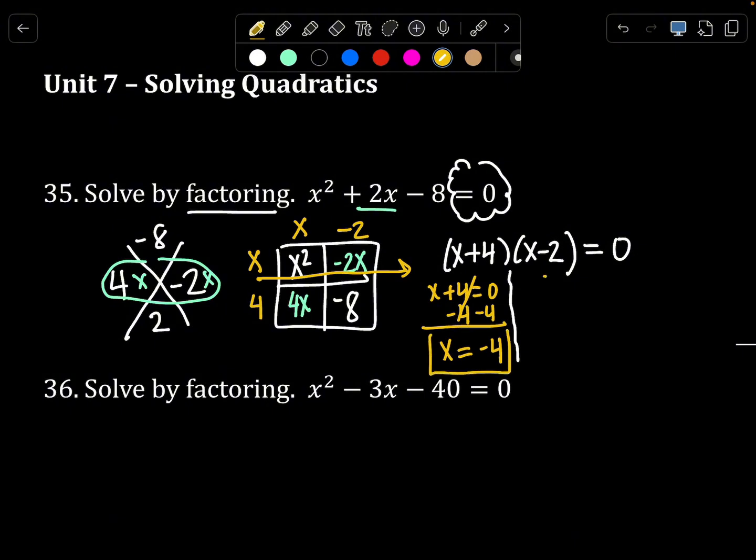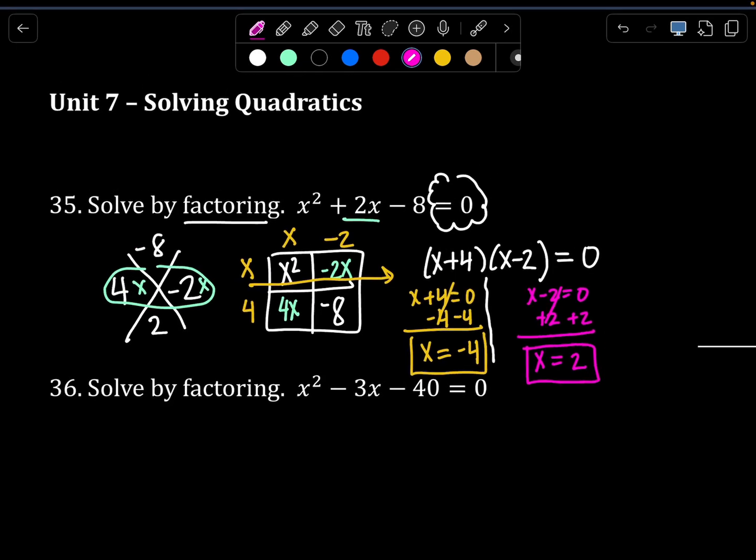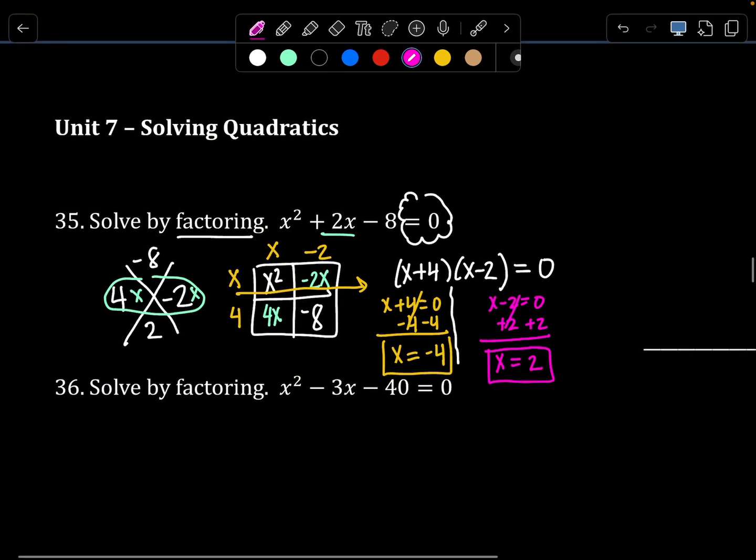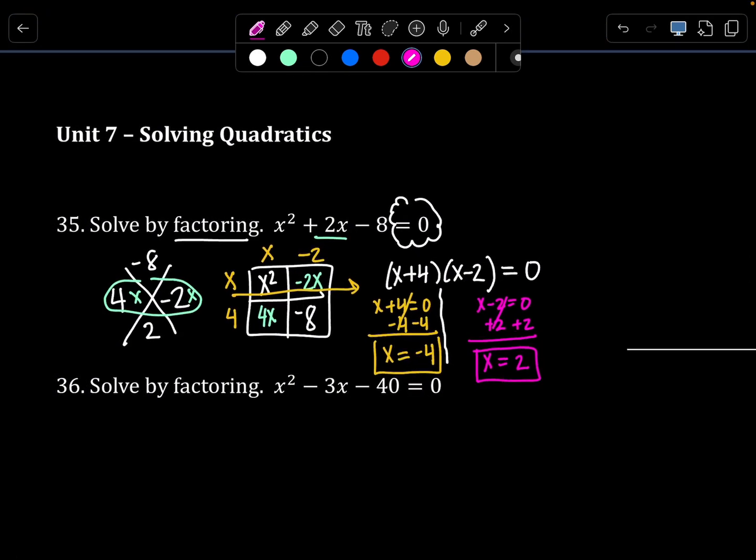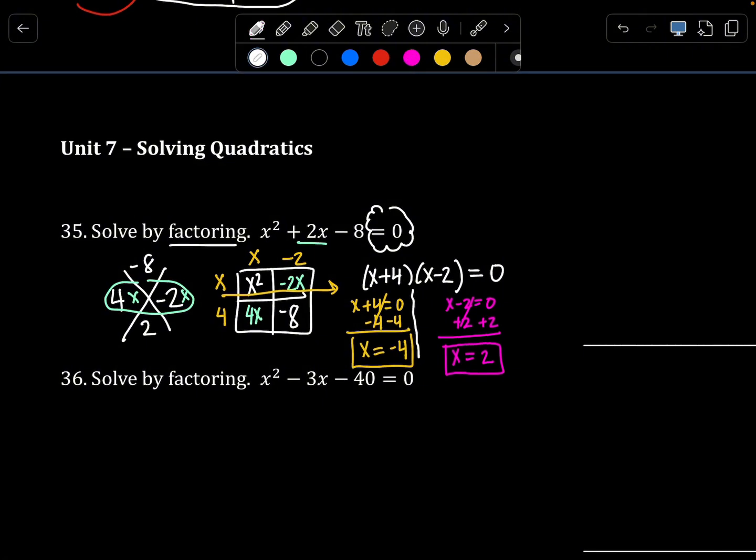What about the other guy? X minus 2 equals 0. Let's use a different color. What does x have to equal in order to make the second group equal to 0? Second parenthesis group, x has to equal 2. I think someone said, just change the sign of the number. Yes, that's essentially what we're doing. Your two x-intercepts are x equals negative 4 and x equals 2.